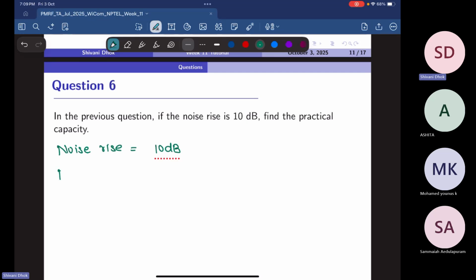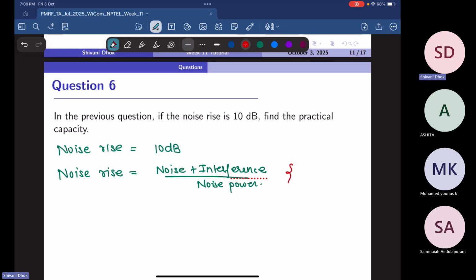Your noise rise is basically the ratio of noise plus interference power divided by your noise power, and this particular thing is in linear scale.